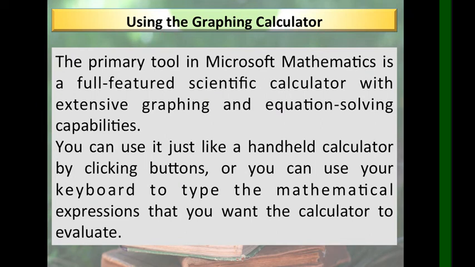Using the graphing calculator. So first, let's talk about this graphing calculator. The primary tool in Microsoft Mathematics is the full-featured scientific calculator. So I believe all of you are familiar with a scientific calculator with extensive graphing and equation solving capabilities. You can use it just like a handheld calculator by clicking buttons, or you can use your keyboard to type the mathematical expression that you want the calculator to evaluate.